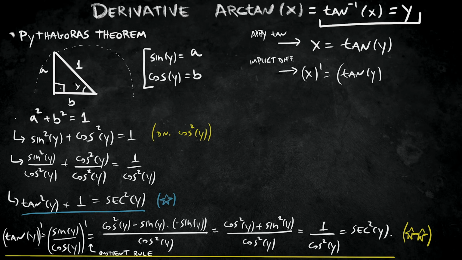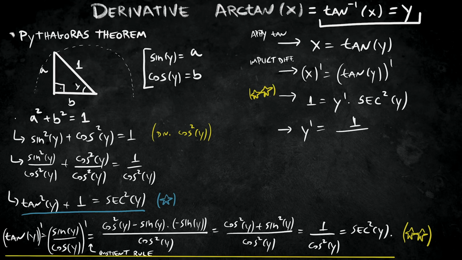It is y prime, the derivative of y, times the derivative of tangent. Oh, we know that, and we call it double yellow star. That is definitely secant squared of y. Okay, let's divide both sides by secant squared of y. So y prime, the derivative of y, is 1 over secant squared of y.